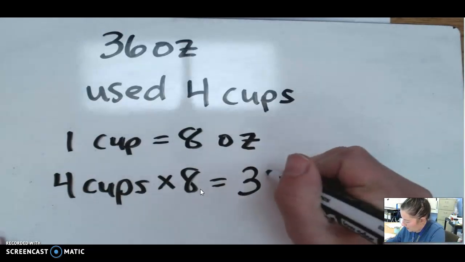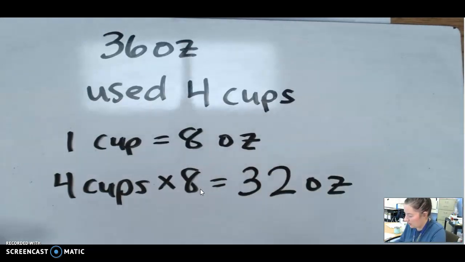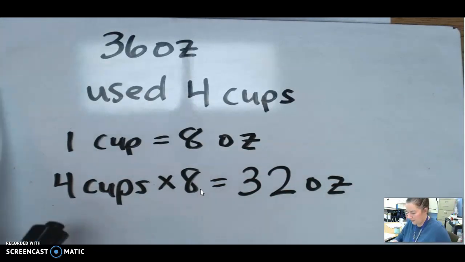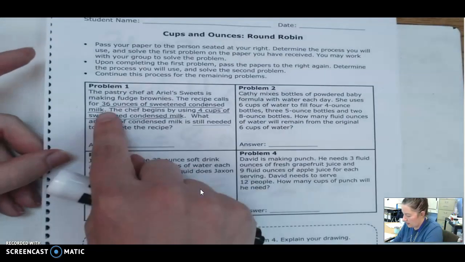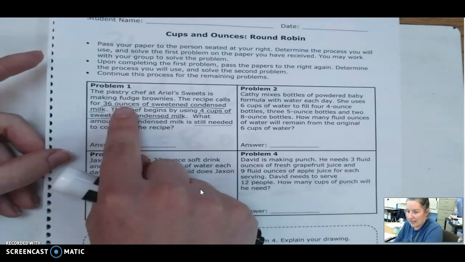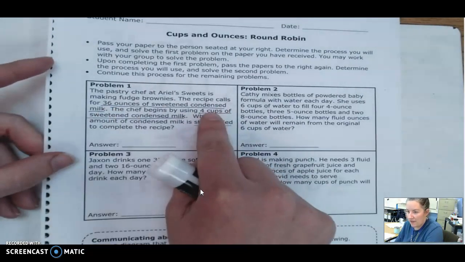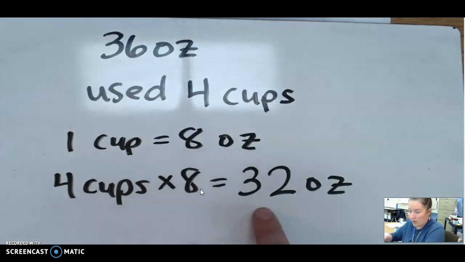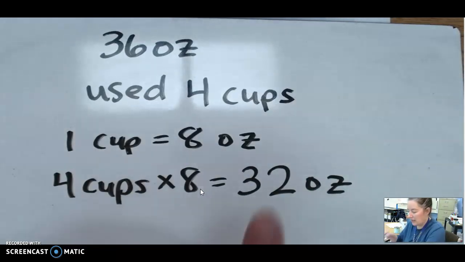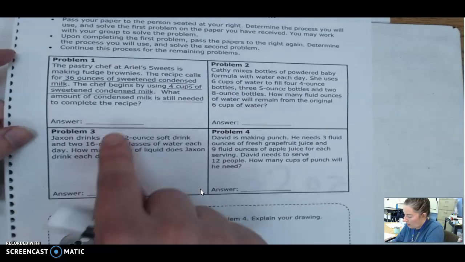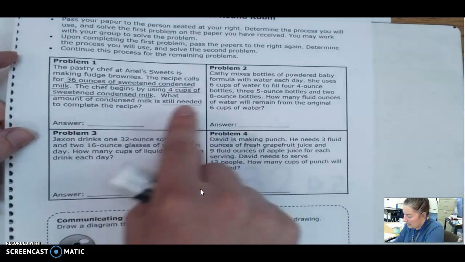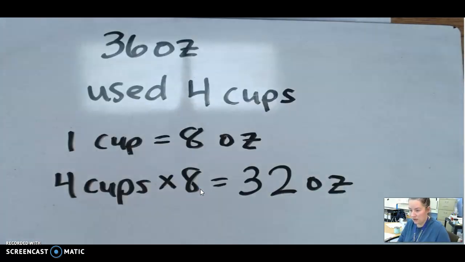So 4 cups should be the same as 32 ounces. Now, let's go back to the story. The recipe calls for 36 ounces. The chef has used 4 cups, which we now know is the same as 32 ounces. How much do they still need to complete the recipe?